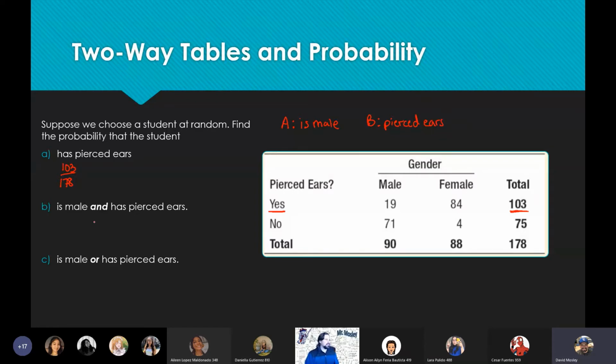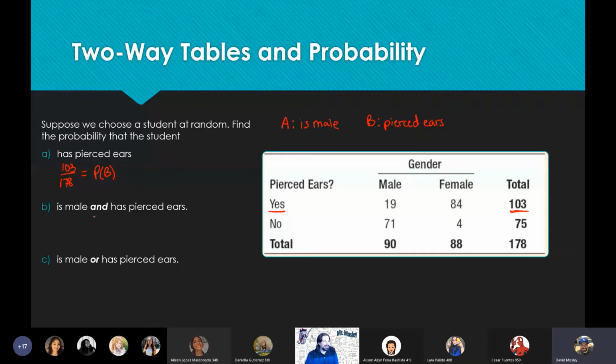So this, if we want to fit it into our notation, is the probability of event B. 103 out of 178. And again, we can leave this as just that fraction. There's no real need to convert it to a decimal. So this is fine.